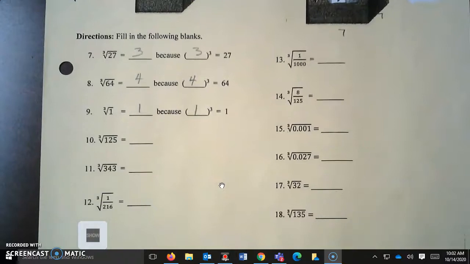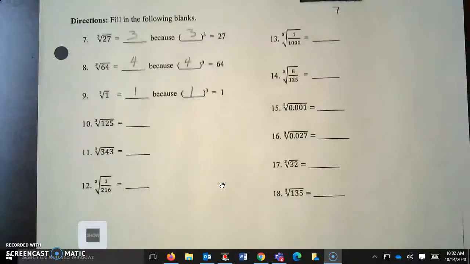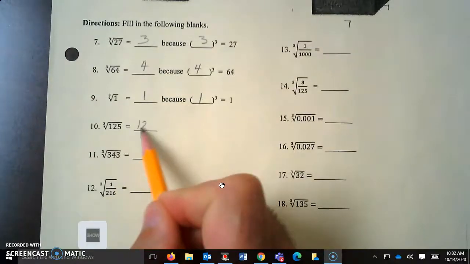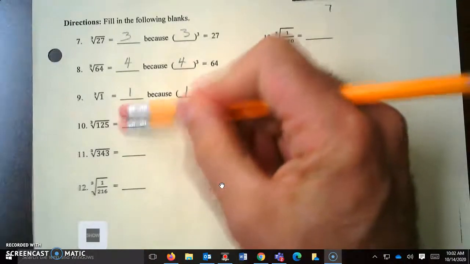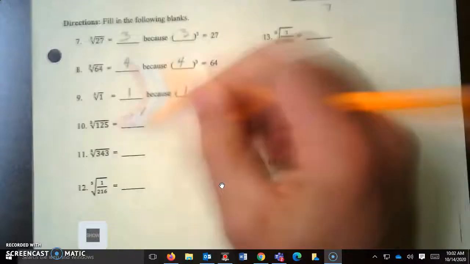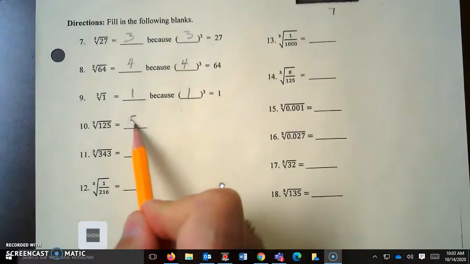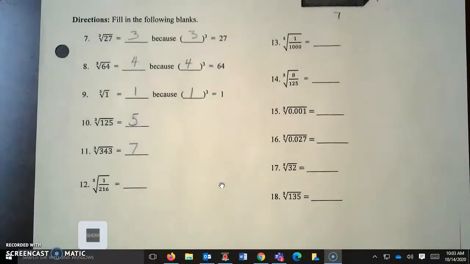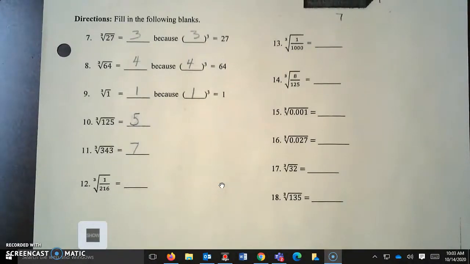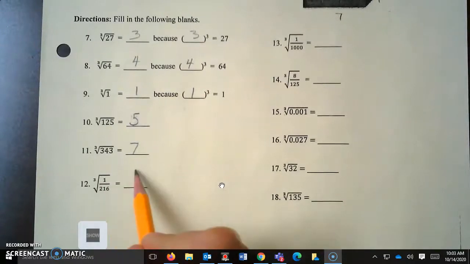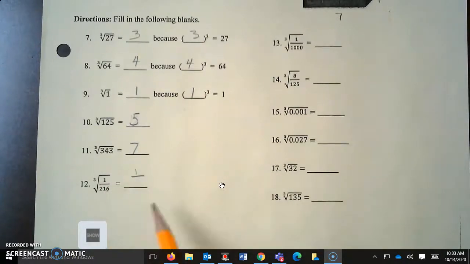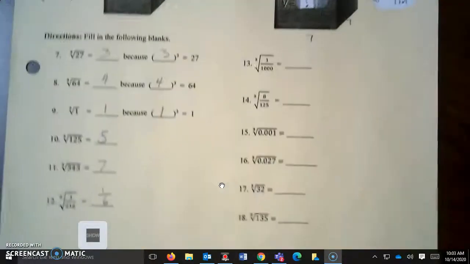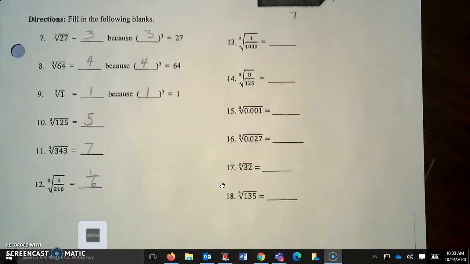Okay, so down here, you'll just be finding the cube root. Some of them are whole numbers. And see, I'm writing without thinking. That's just a 5. Good thing I'm using a pencil, right? This one's a 7. Now, if you see a fraction and you're going to in the assignment, no worries. Okay, just do the cube root of the numerator and the cube root of the denominator. It's really no harder. You might just have to press a couple more buttons. You can try these over here on your own, and I'll give you these answers in a second.